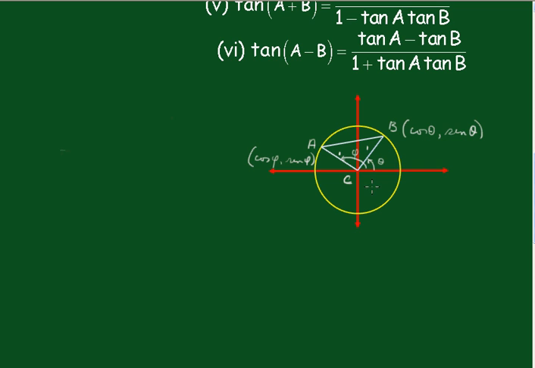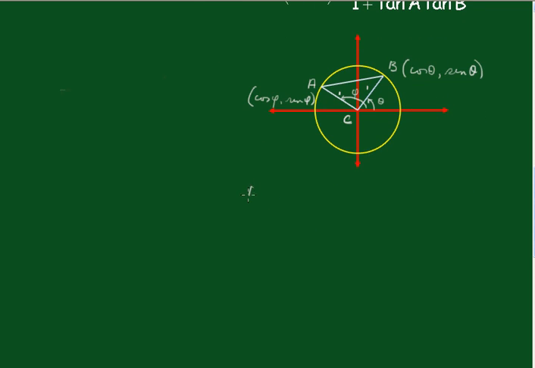Now we'll write this down as AB squared is equal to 1 squared plus 1 squared minus 2 times 1 times 1 times the cos of the angle between, and the angle between is phi minus theta. So that becomes simply 2 minus 2 cos of phi minus theta.